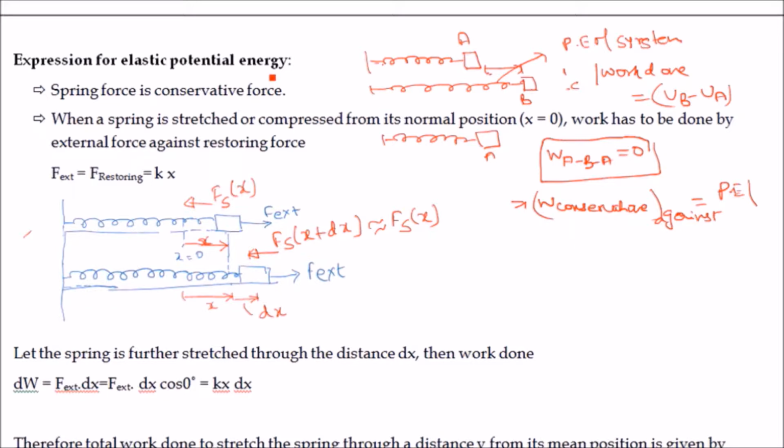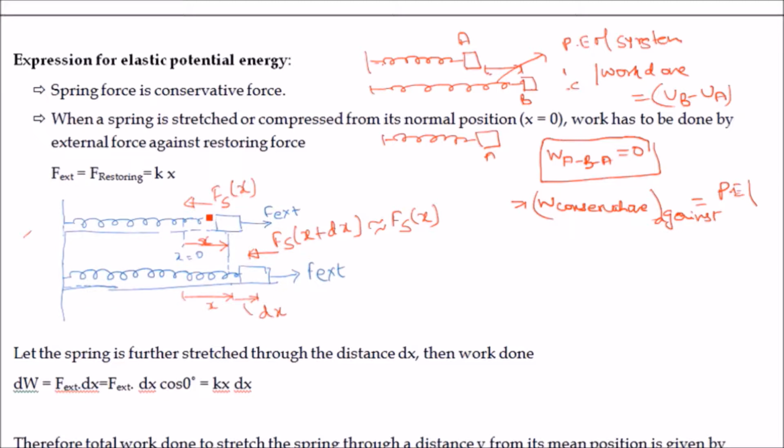When a spring is stretched or compressed from its normal position x equal to 0, then work has to be done by an external force against the restoring force, and the work done by this external force will be stored in the spring as elastic potential energy. So what is the value of this external force?